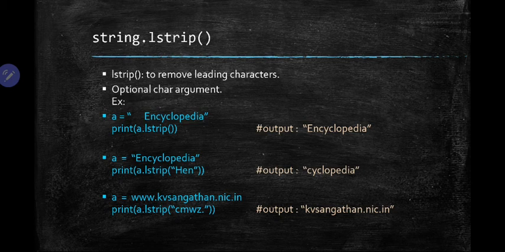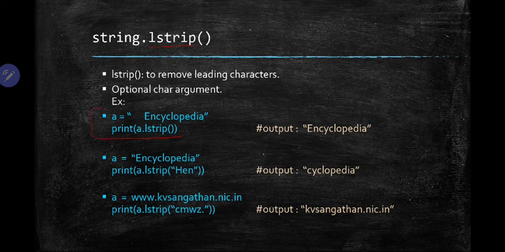Okay, this is an interesting function of strings, lstrip. It is used to remove the leading characters or leading space. If we do not specify what character should we remove, then by default it will remove only spaces.